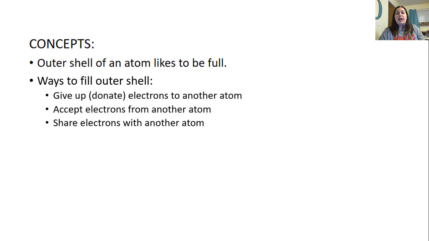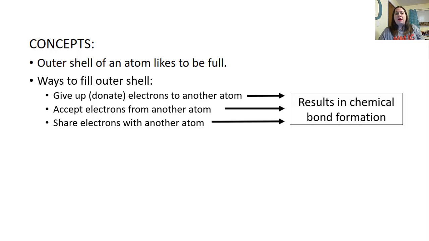If it gives negatives away, it will be a positive ion. Others can accept electrons. That means they take extra electrons from those atoms. This means they have extra negatives, so these would be negative ions, or they could share with one another. All of these, no matter if they're giving, taking, or sharing, are going to result in some sort of chemical bond, which is what we're going to talk about next.